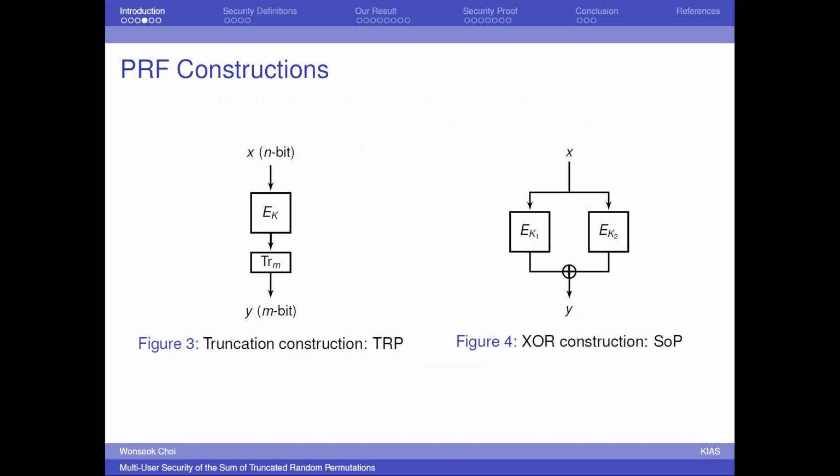There are two natural ways of building PRFs from a block cipher: TRP and SOP, where TRP means the truncation construction and SOP means the XOR of two independent permutations.